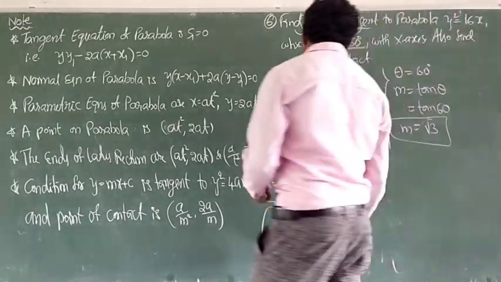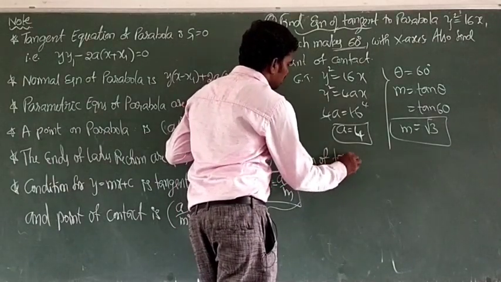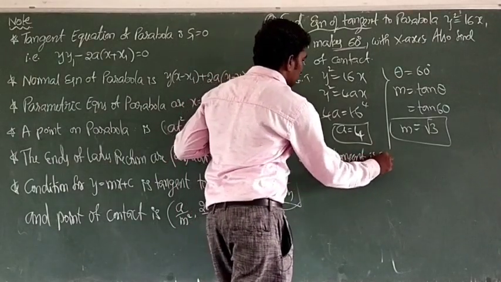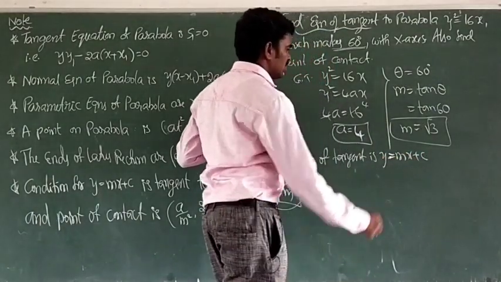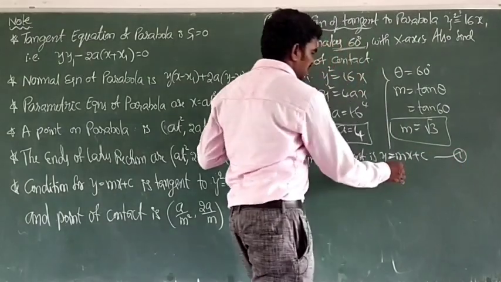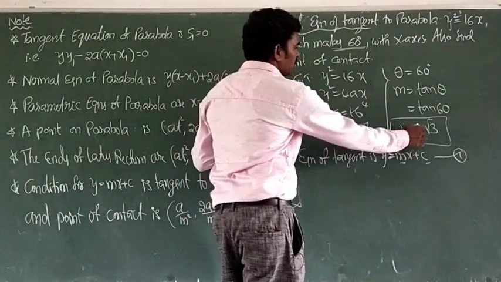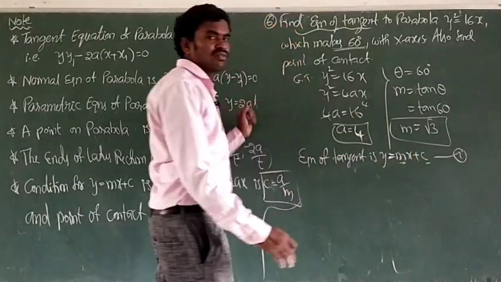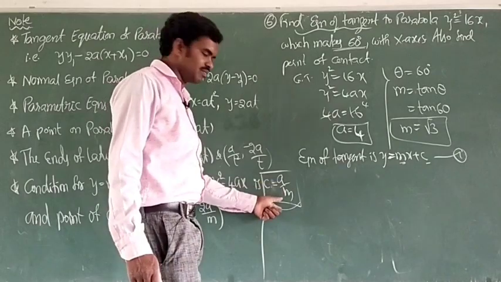So first, the equation of tangent is y = mx + c, this is equation 1. We need to find m and c. Already m we got, and c is needed. So we can find c by using the condition c = a/m, the last formula.